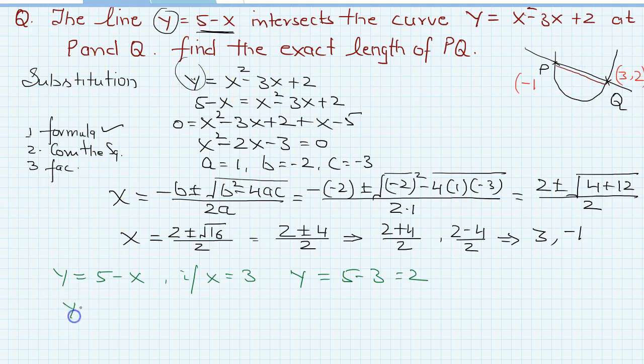And if x is equal to minus 1, then y will be 5 minus minus 1, that is 6. So these are the two coordinates. These are the coordinates of P and Q, but we have to find the length of PQ.